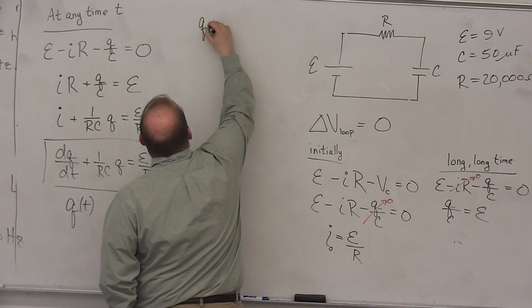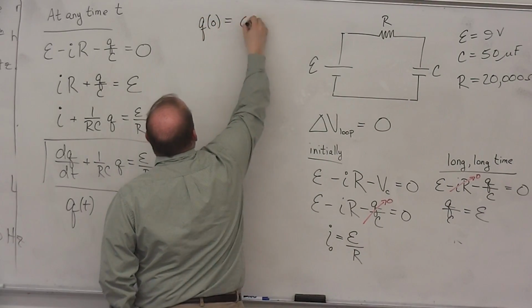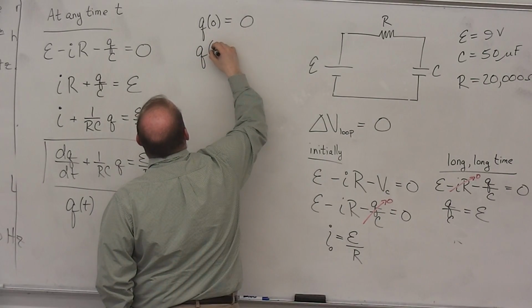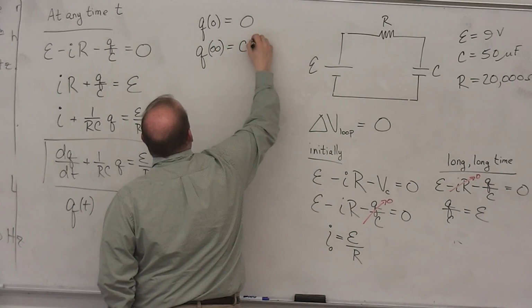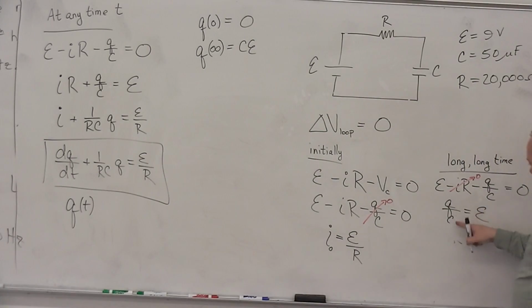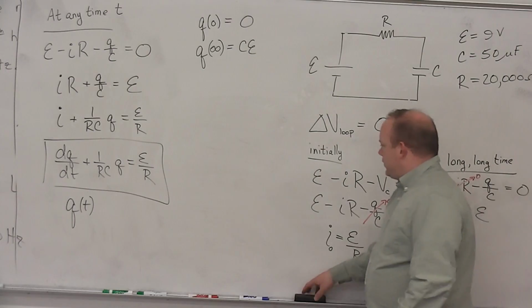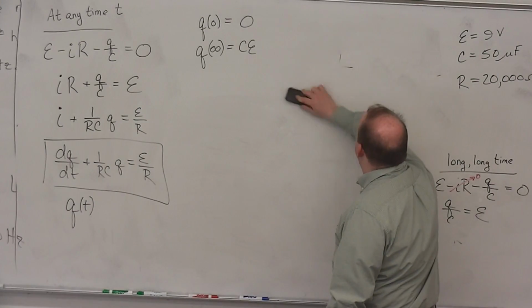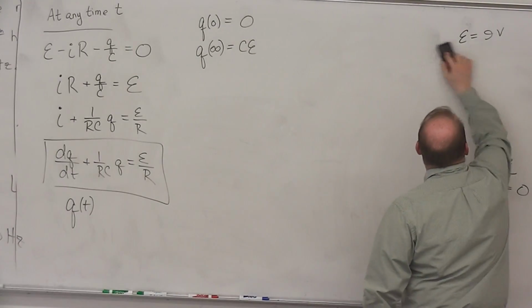Initially, Q of 0 is equal to 0. Q after a long period of time, we'll call it infinity, is equal to CE. So after a long period of time, if you solve for Q here, you get CE.